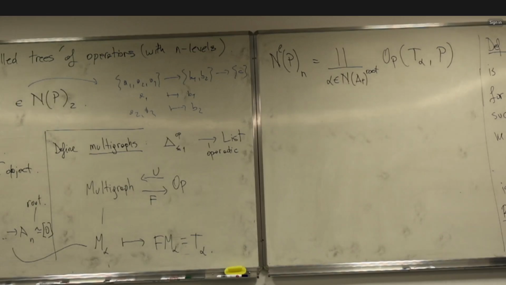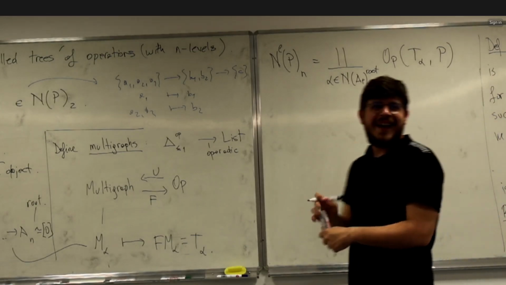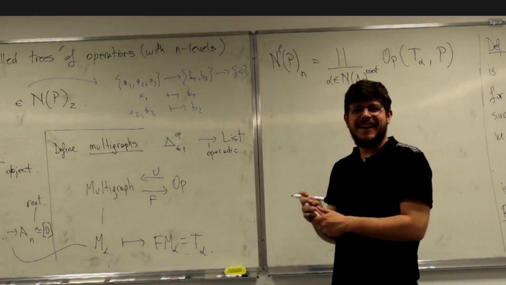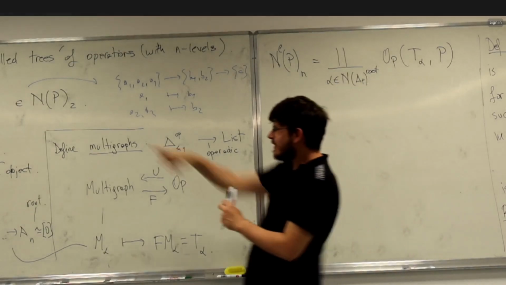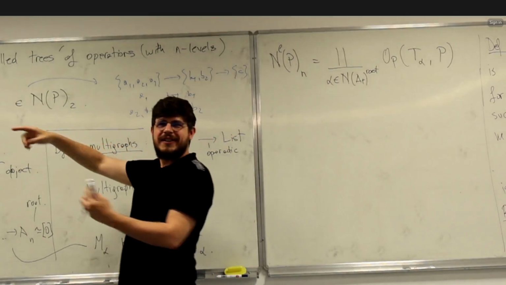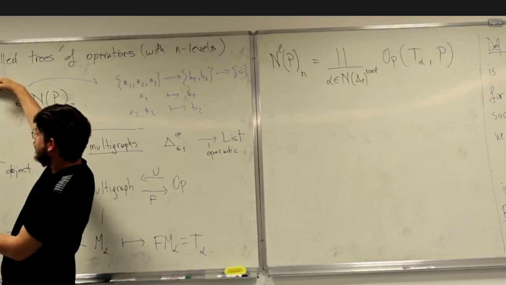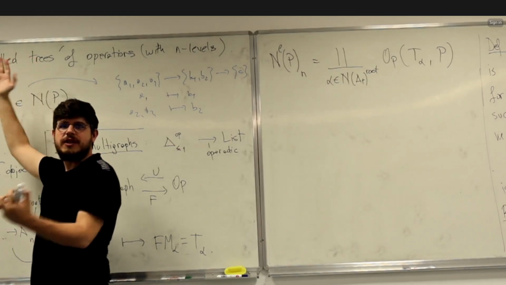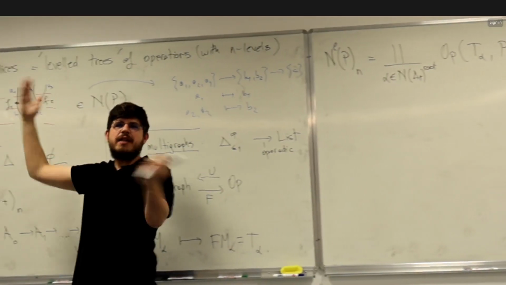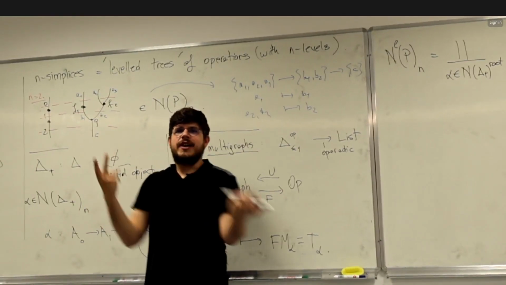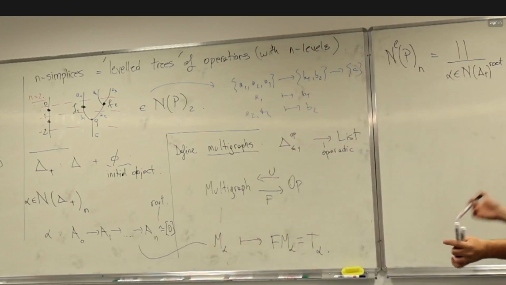So very simple, right? That was so quick. Yeah, it's quick, but there's a picture, right? So a two simplex is just a two-level tree of operations. That's it. And you can even imagine how we do faces and degeneracies. I'll comment more next time, okay?